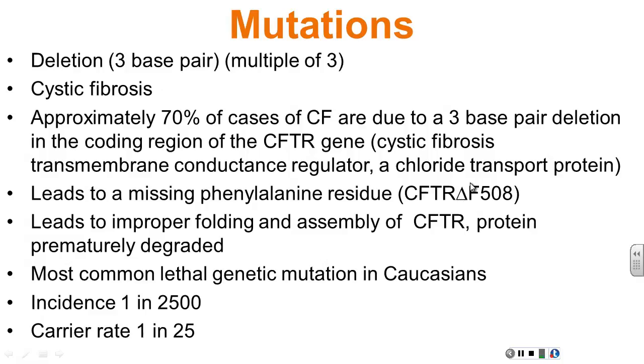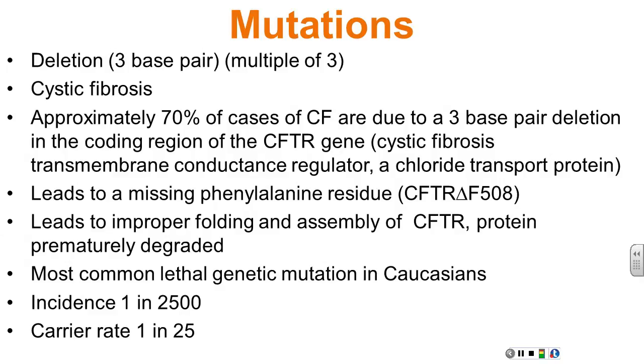When you see delta in genetics, it means something is missing. Delta F508. So 508 happens to be the position of that particular amino acid, and F is the single letter abbreviation for phenylalanine. So that's a very famous mutation, and you may run across that nomenclature.